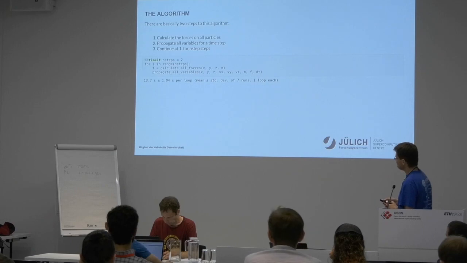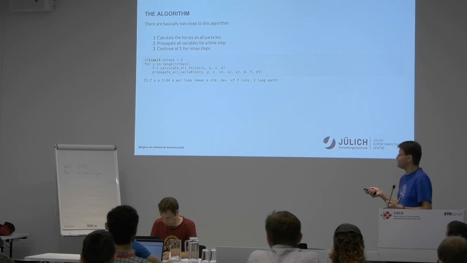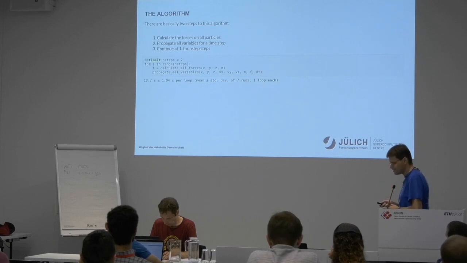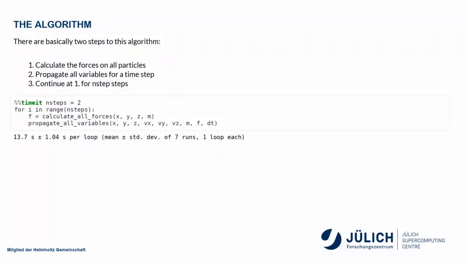All right. So here I did 2 time steps. And you basically see my main loop here. I calculate all the forces, and I propagate all the variables. These 2 time steps took 13.7 seconds, which seems rather slow. For a molecular dynamics simulation, the time step is usually of the order of 10 to the minus 15 seconds.